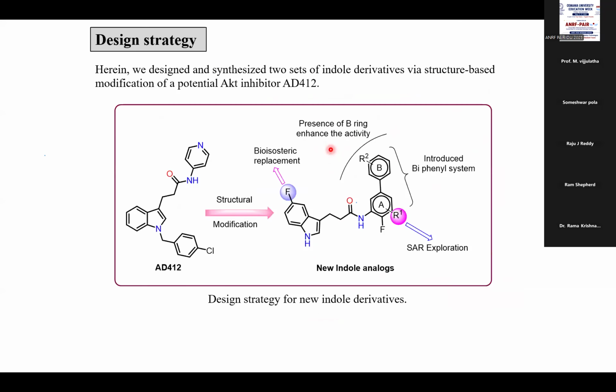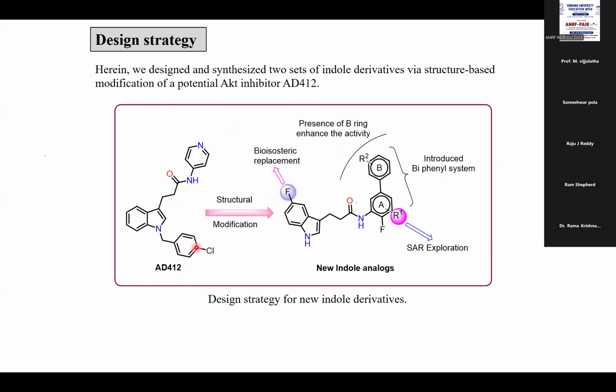So based on this, we went for the strategic design of these molecules, where we took AD412, which is in the pipeline as a drug molecule, and tried to structurally modify it by adding fluorine at this phenyl ring of the indole, so that there will be a lipophilic nature, and also fluorines always have some good properties as drug molecules.